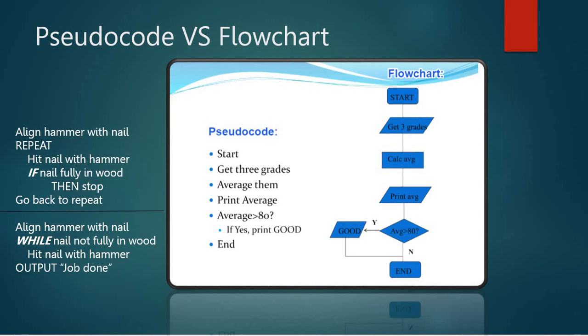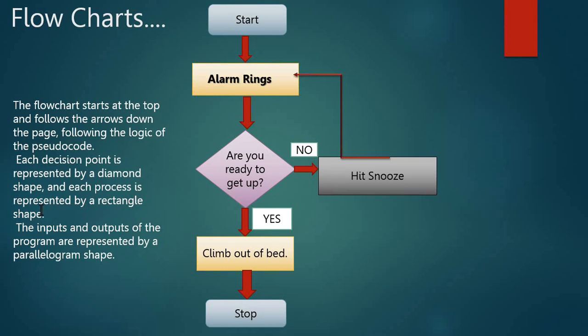But what if we had to make a flowchart for this? How would we go about that? We would first use our rounded rectangle box for writing start, then an arrow, then a rectangle box for showing the process.